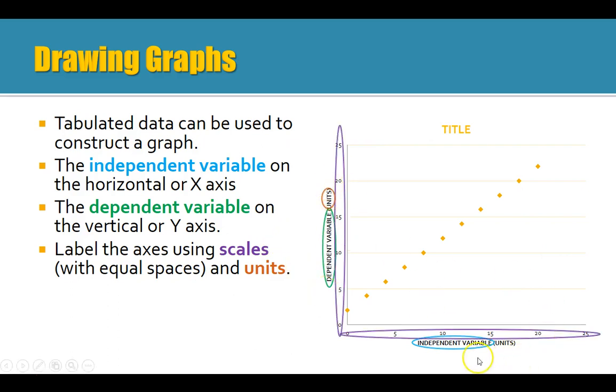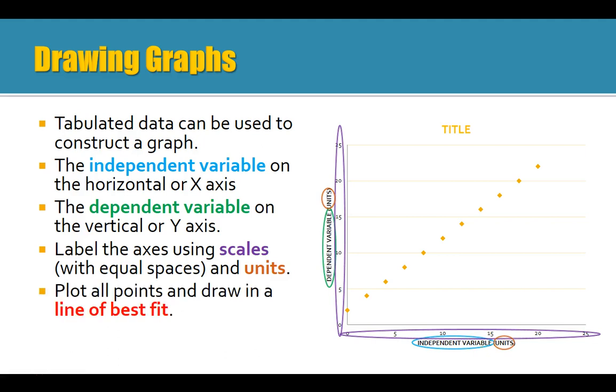So units are included in brackets after the name of the independent and dependent variable, and usually include a measurement, so it might be meters, for example. And then we also need to include a line of best fit, which gives an average trend of the data. And we need to include a title as well.